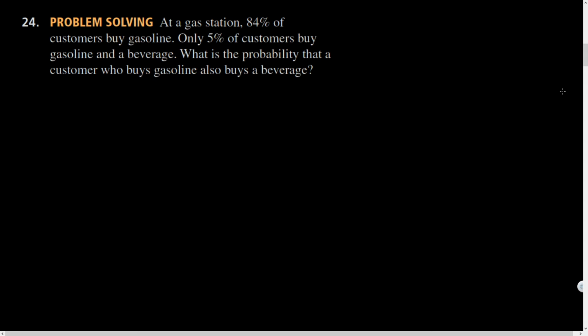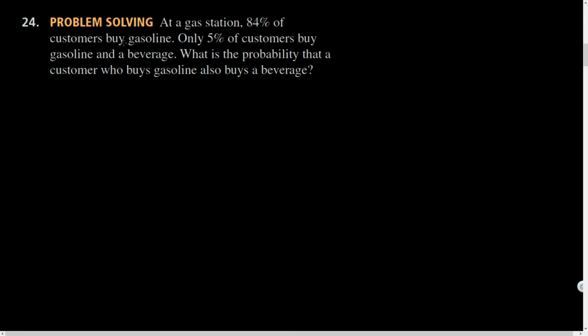I'm liking it. All right, at a gas station, 84% of customers buy gasoline. Online? What? No. Buy gasoline. I saw O-line and my brain went crazy.